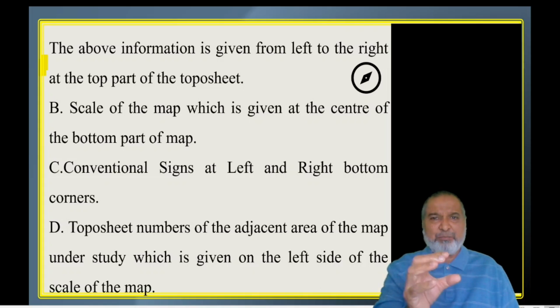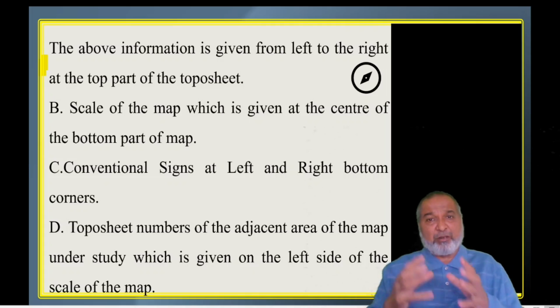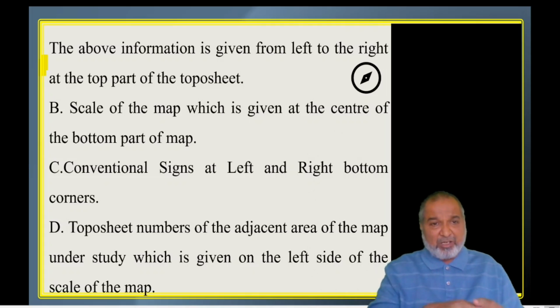With just these simple symbols, we can immediately recollect that it is a dam, a bridge, an aerodrome, a post office, a greenhouse, or a village, or that two villages are connected by a metal road, or that it is a telephone communication line. Everything, even a high tension wire, has also been mentioned. So these show that a river is flowing in this area, and that has been marked with the help of these.